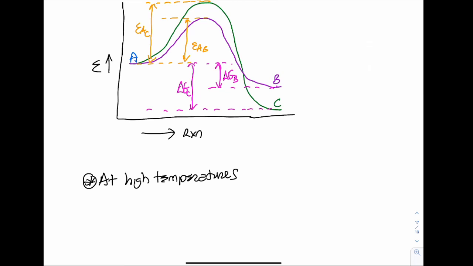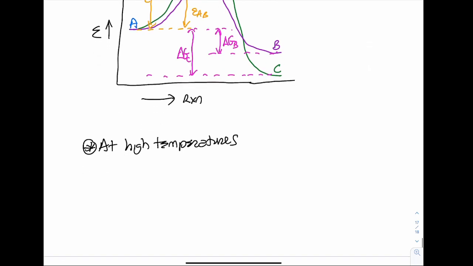So at high temperatures, I have enough energy to overcome that high activation energy. Even though I have to put more energy into it, because I'm at a high temperature, I have that energy. And my more stable product is going to be the predominant product.